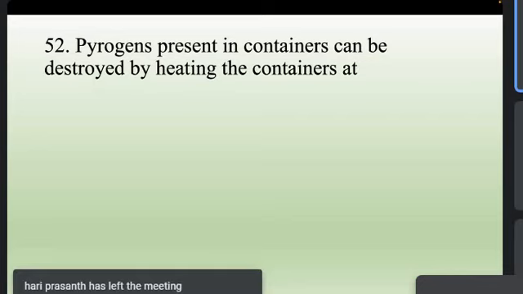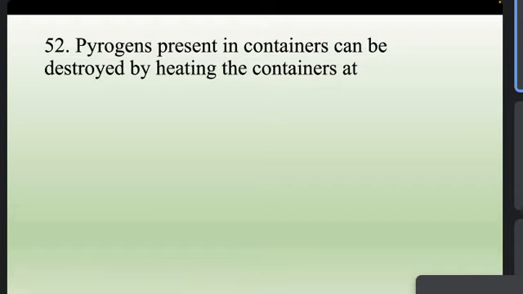Especially in hospitals or pharmacies where we deal with injections and sterile glasses, we will have to destroy them by heating. Now we get sterile preparations ready-made, but when we have a manufacturing setup, we will have to know the answer for this. So I'll give you the options.